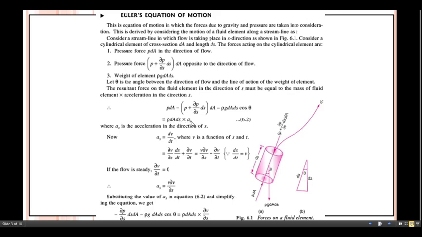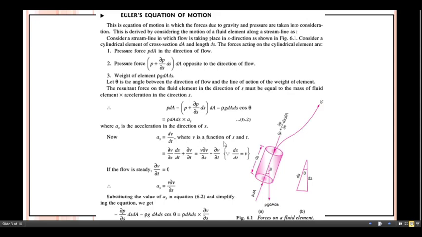Here as is the acceleration in the direction s. Acceleration is the rate of change of velocity with respect to time, so it is a function of s and t.